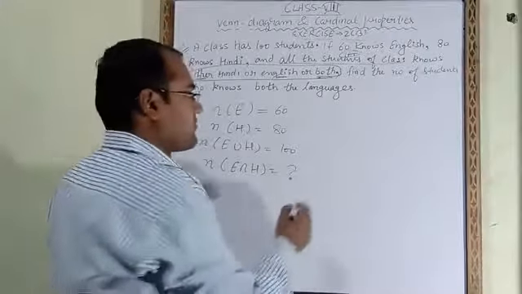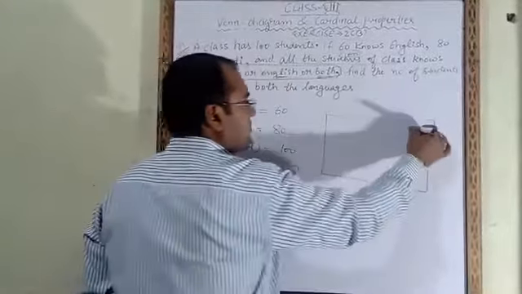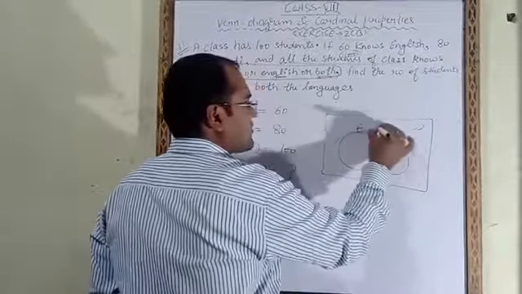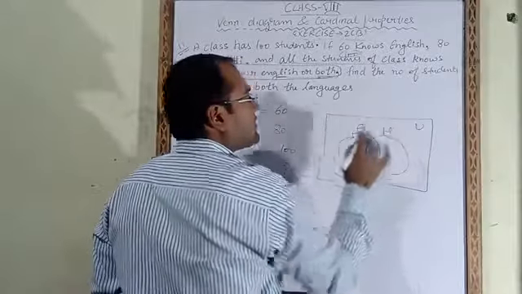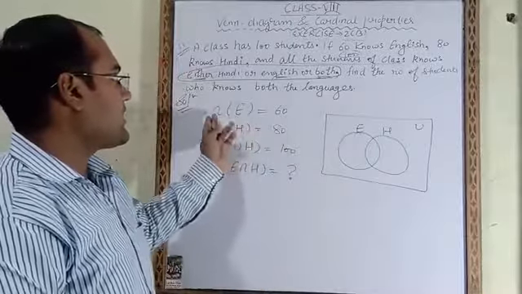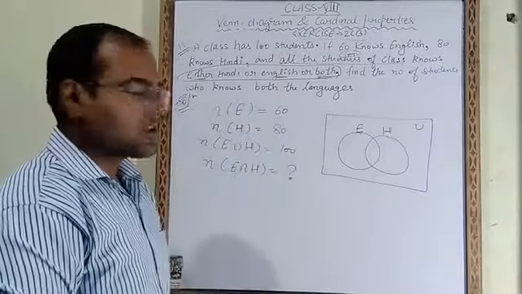For this you have to first draw a Venn diagram. This is the universal set. In this we will make two circles: the first circle is English, the second circle is Hindi. He said n(English) is 60.